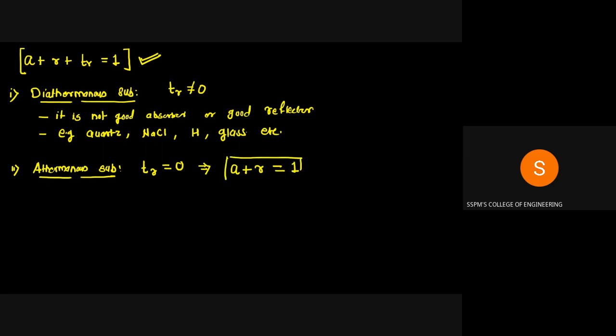This is for athermanous substance. So this substance is opaque to the radiation. It means that radiation cannot pass through the substance, and therefore it is opaque. And examples are wood, then iron, copper.